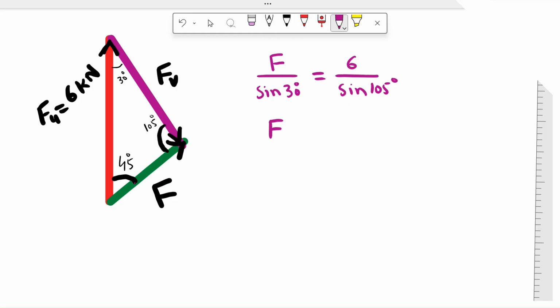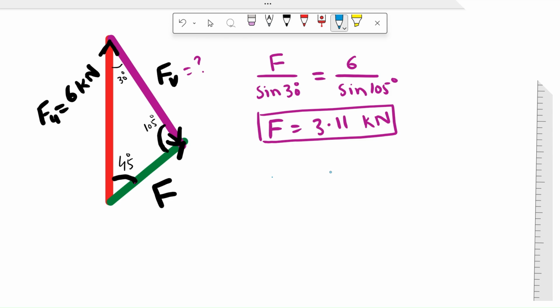Putting all the values in the calculator, we get the value of the force, which is 3.11 kilonewton. So we have determined the value of the resultant force.